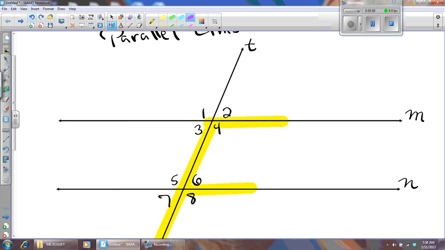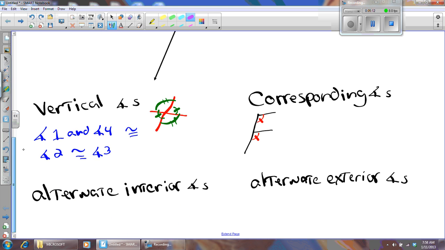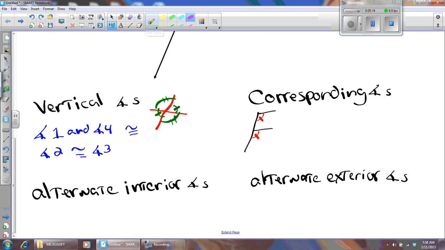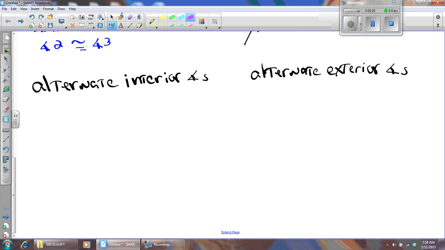Let me get a clean slate here to work with. All right, corresponding angles. Ooh, I lost the... Okay, that's all right. You can always rewind the video if you want to see that. Alternate interior angles. They have a letter, and their letter is the mark of Zorro, the Z. And in a Z, those are congruent.